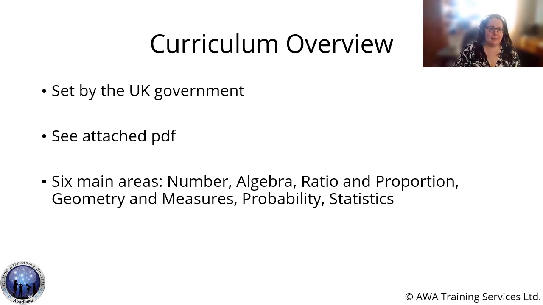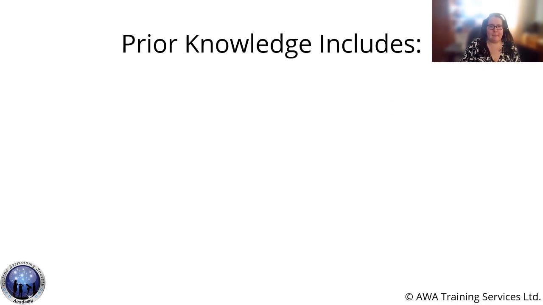The 6 main mathematics areas that are included in GCSE are number, algebra, ratio and proportion, geometry and measures, probability, and statistics.